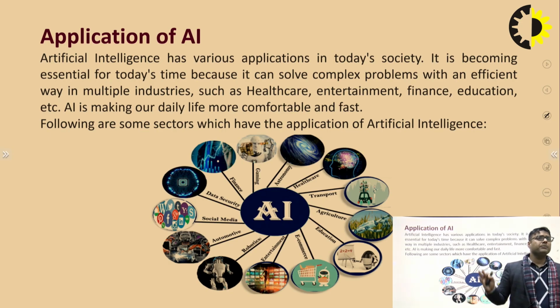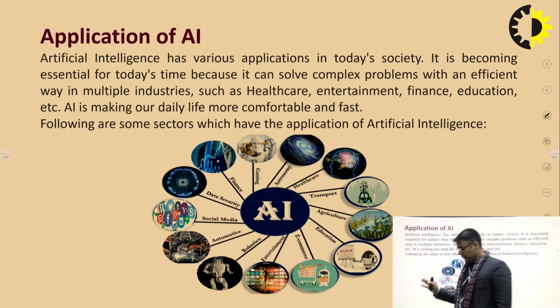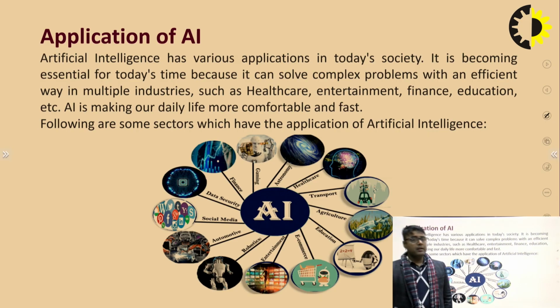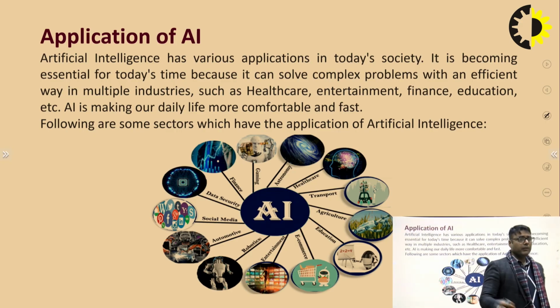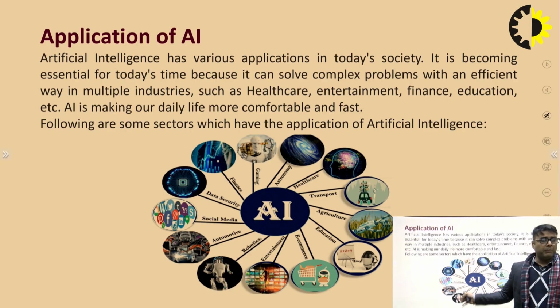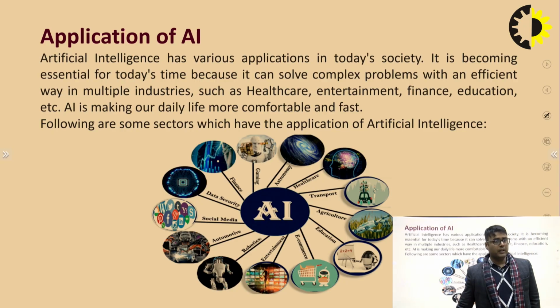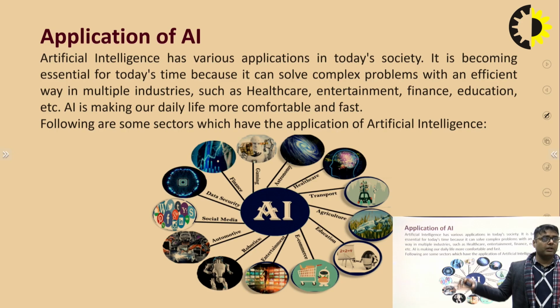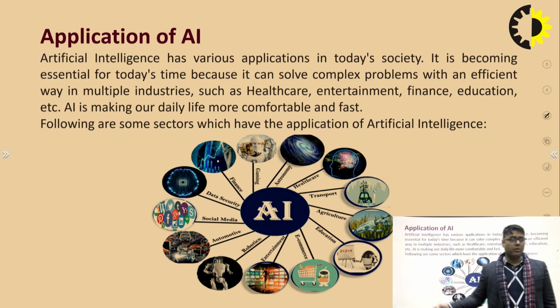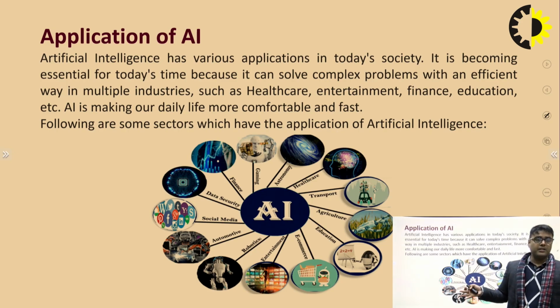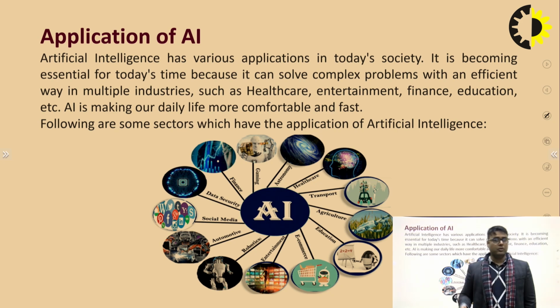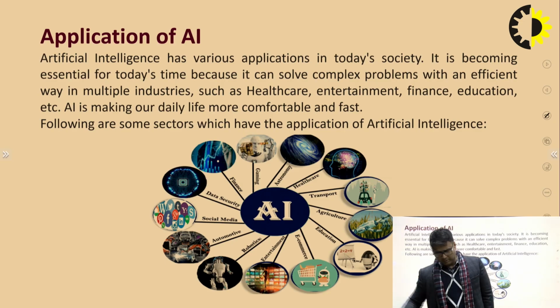Following are some sectors which have applications of artificial intelligence, and some applications are given in the figure. In the figure, a number of applications are shown. First is data security, finance, gaming, astronomy, healthcare, transport, agriculture, education, e-commerce, entertainment, robotics, automotive, social media, everything.